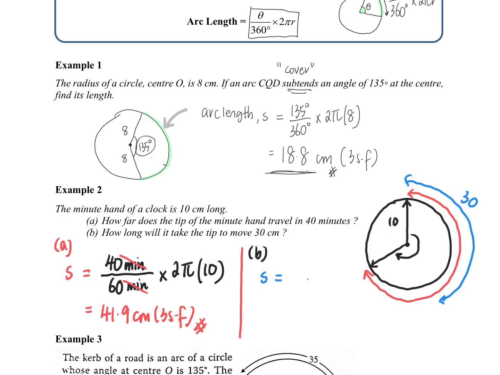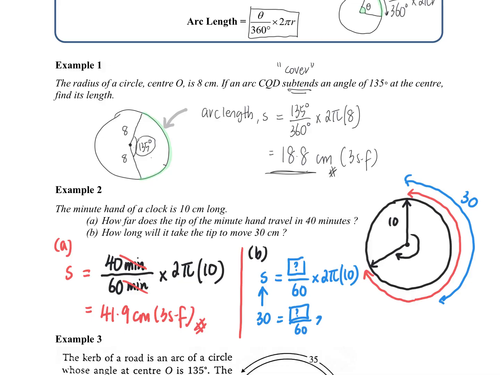The formula will be something out of 60. I don't know how much time it takes, times 2 pi r, and it gives me 30. So your purpose is to find the unknown here.